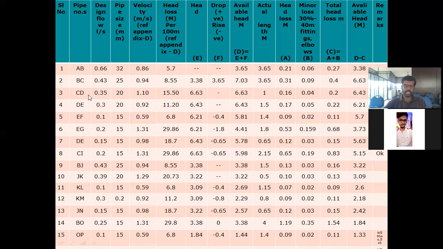Not A, B, C, D, but A, B, B, C, C, D. These are different nodes, okay? Once you finish, let me know, okay?